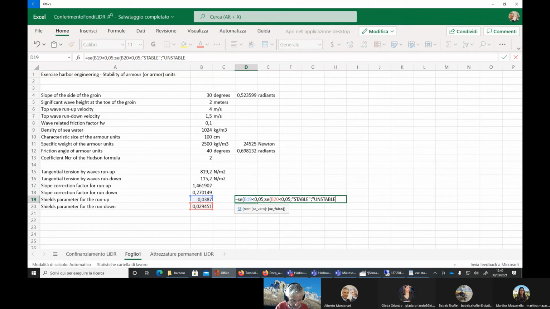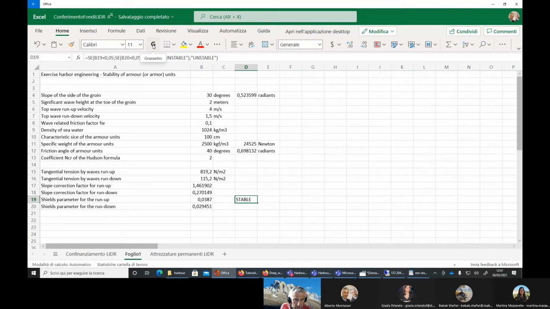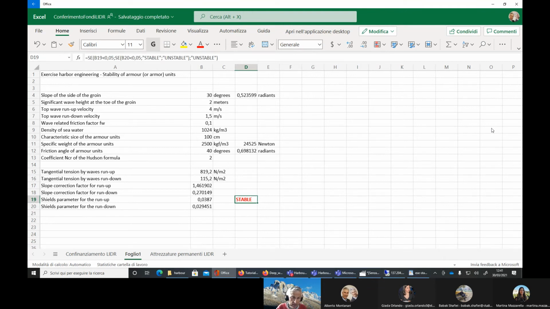So I can close the second condition, and then I have to close the first condition. So it's stable. Let's put it in bold and in red. Okay. So this is the application of the shields criteria.